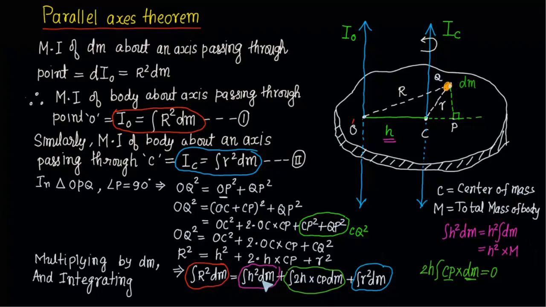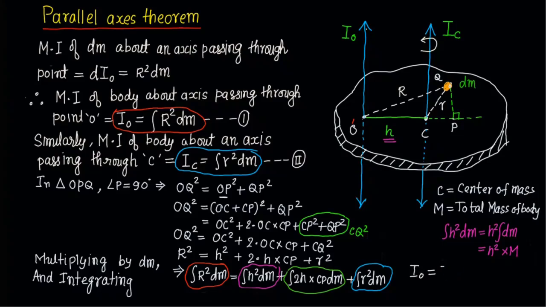So friends, we got each and every term of this particular expression. So let me write down the expression of each term. This term is nothing but the moment of inertia of the body about this axis, that is the parallel axis. So I can write down IO equals, and next I'll write down r square dm. So r square dm is the moment of inertia about an axis passing through its center of mass.